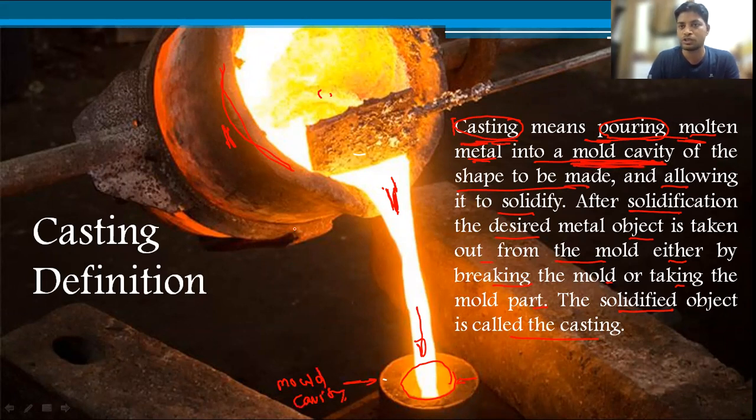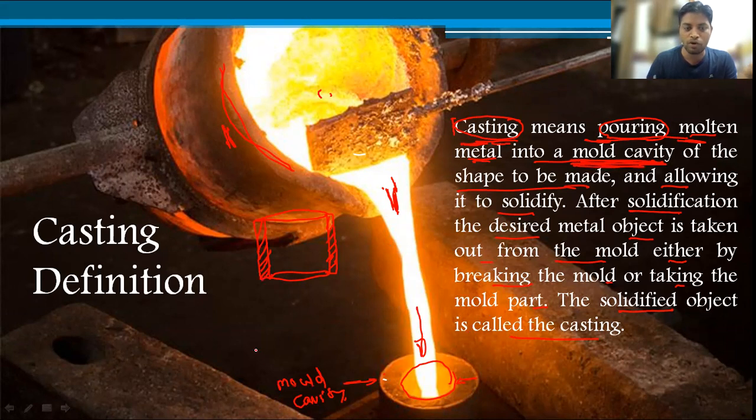Here you can simply see this kind of structure. From the outside, throughout the periphery, we are just making a solid cylindrical part. The outside surrounding, that mold cavity, is created by the molding sand.